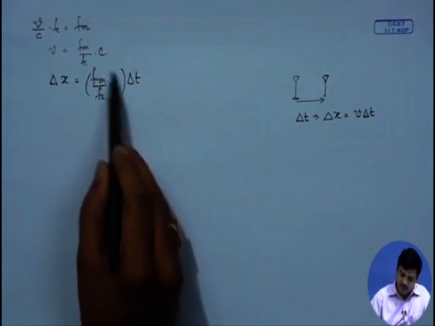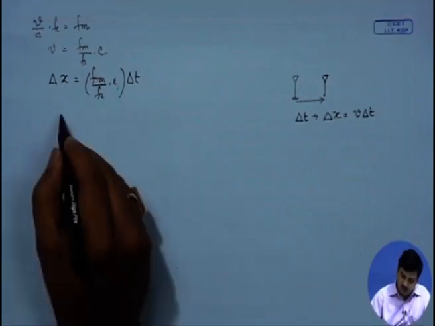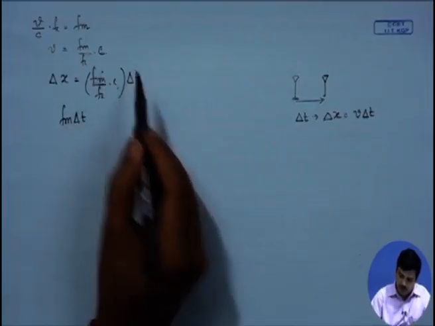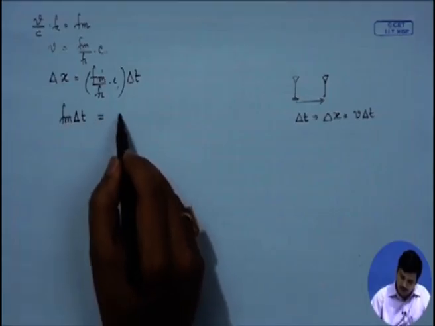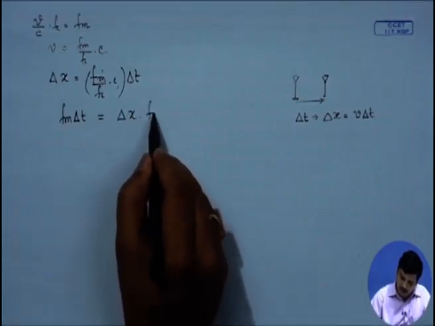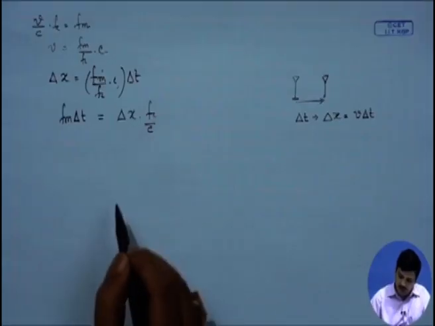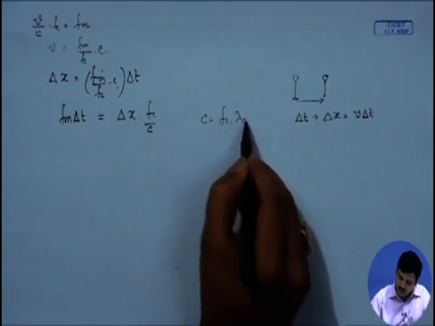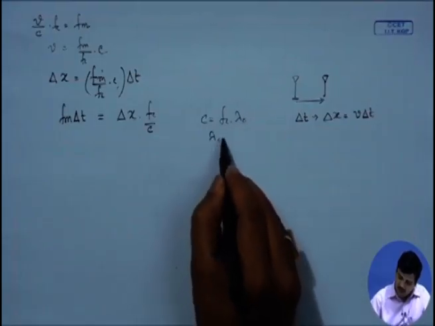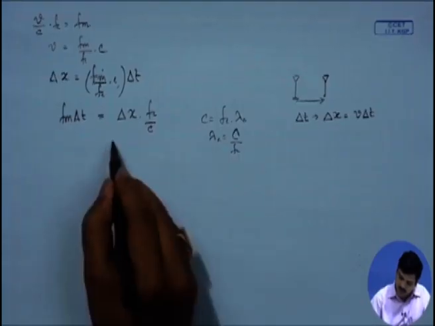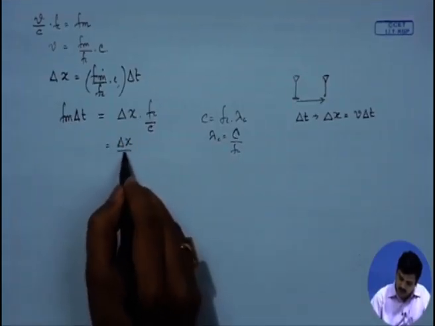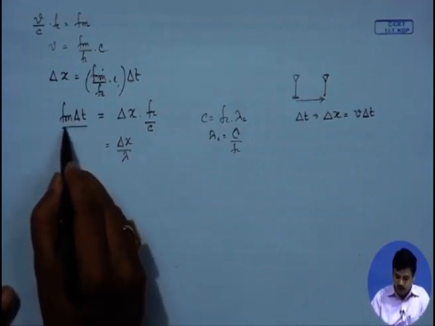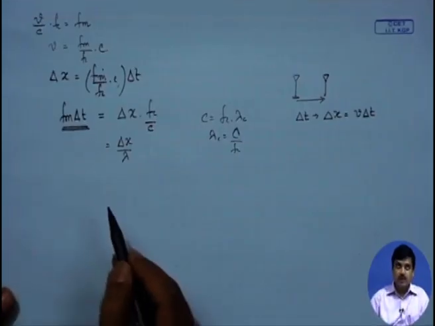Therefore fm delta t is equal to delta x times fc divided by c, and since c is equal to fc times lambda c, so lambda c equals c by fc, this is delta x upon lambda.